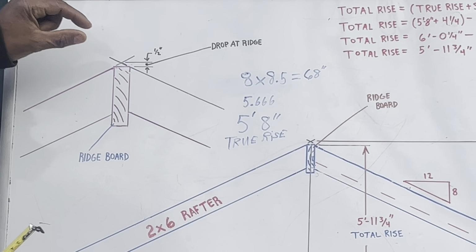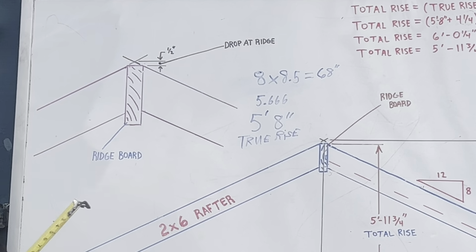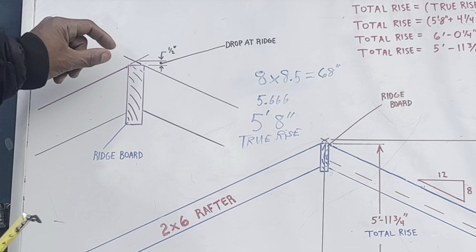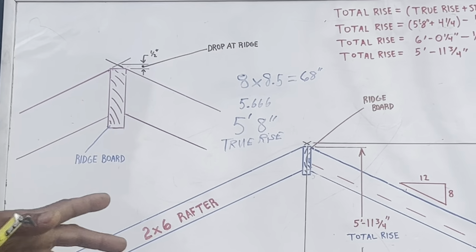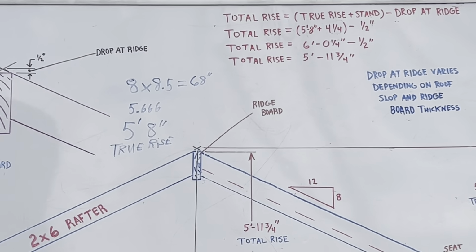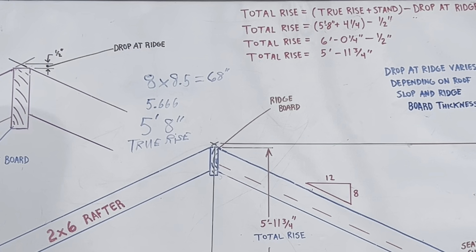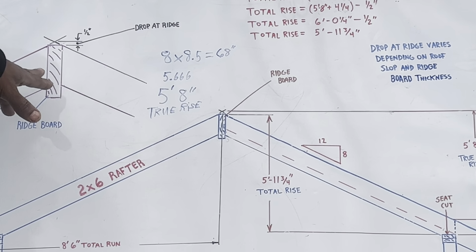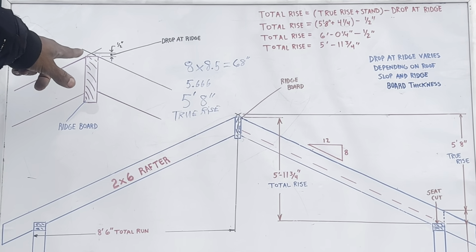So normally for this dimension lumber, 2x6 rafters, possibly even 2x8s and even lower, a 1/2 inch is enough, just like what I wrote over here. The drop at ridge varies depending on roof slope and ridge board thickness. As the slope and your ridge board thickness change, then you might need more or less than a 1/2 inch. But basically for 2x6s, 2x8s, 2x10s, a 1/2 inch drop is good enough.